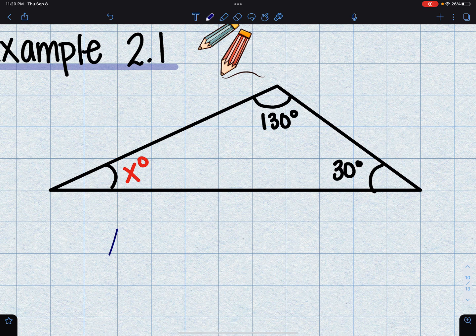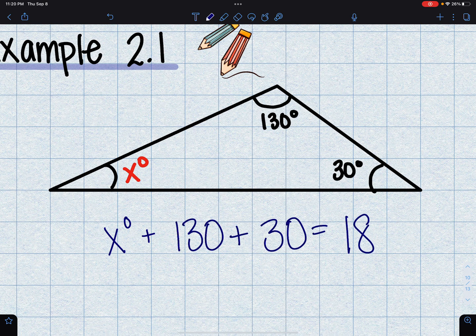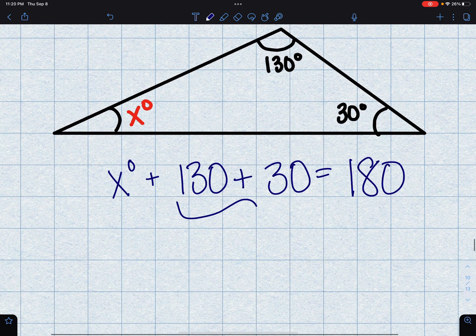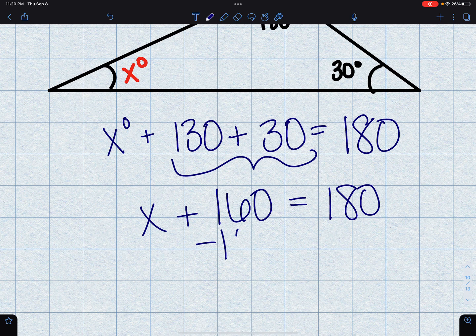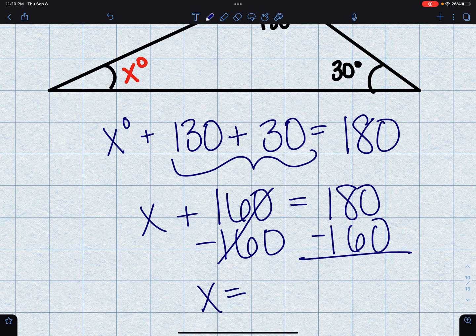So I can say x degrees plus 130 plus 30 is equal to 180. And then 130 plus 30 is 160. So x plus 160 is 180. I'm going to subtract 160 from both sides so that cancels out, and x is equal to 180 minus 160, which is 20 degrees.